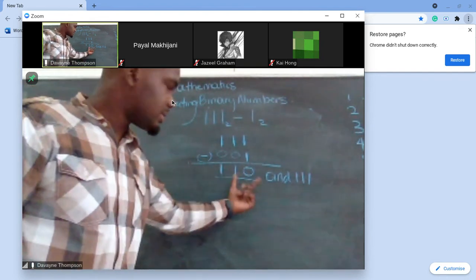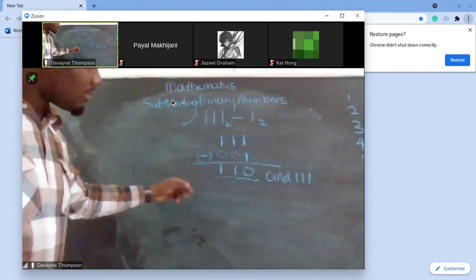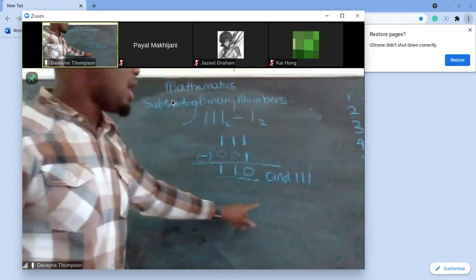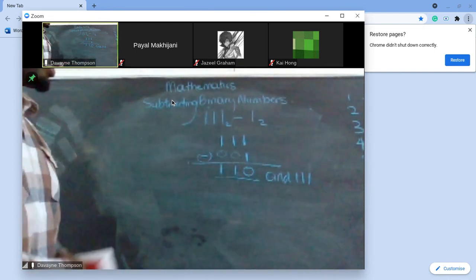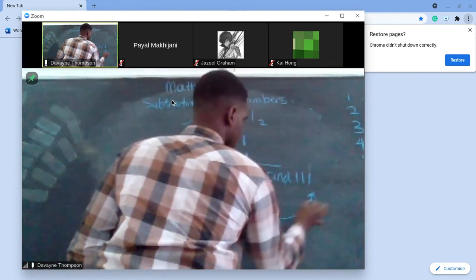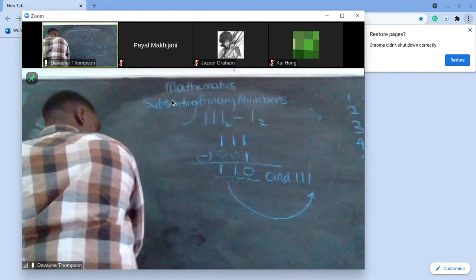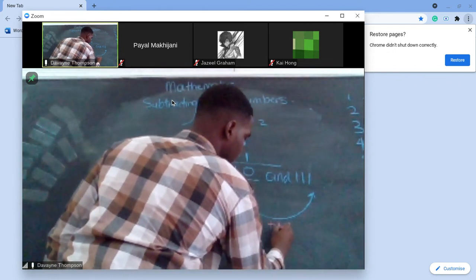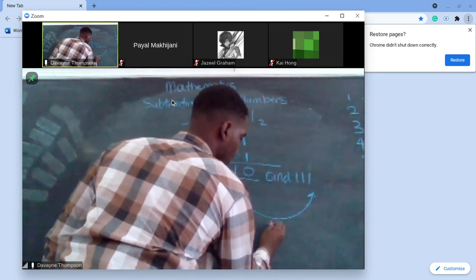Do you guys see that? Because if I was to add 1 to 110, I would have gotten this 111. So put this arrow for me and put a plus 1. So the addition of 1 would give me 1, 1, 1.